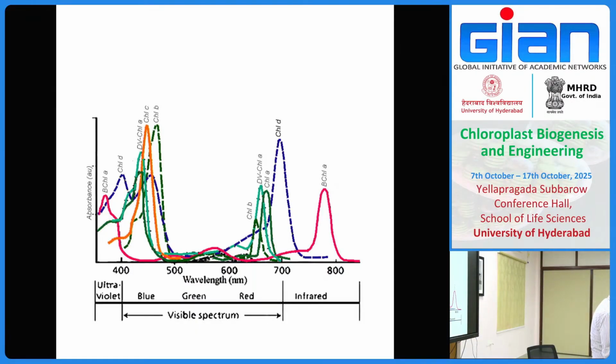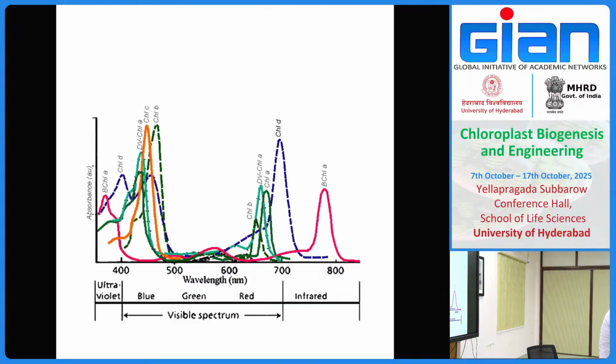Don't you think ideally chlorophyll should have been black? Plants should have been black, other than green. Why? Because they should absorb all wavelengths of light. A black spot, any black color, absorbs all the wavelengths of light.